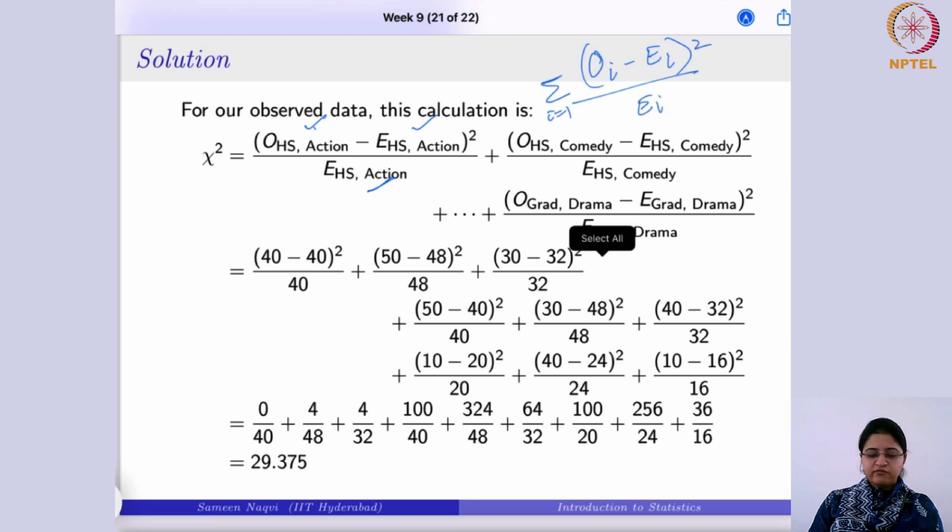So in this case, we have i from 1 to 9, right? Basically we are writing this as high school and action, then it will be for high school comedy. Likewise, if you go on, you will get 9 such terms, you add them up, and finally what you get is 29.38 approximately. So you have obtained the chi-square test statistic.